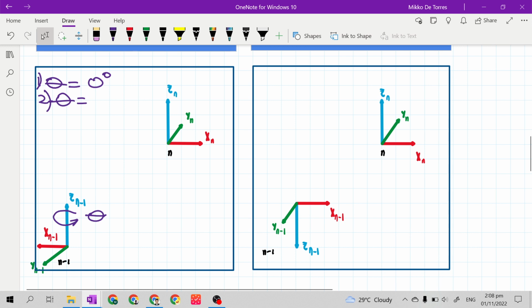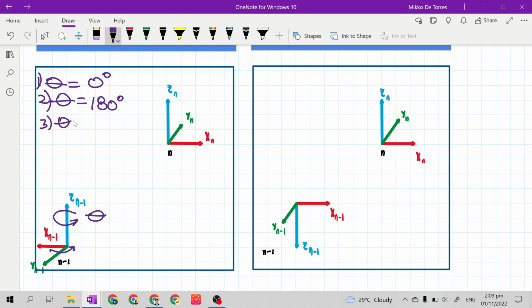Since x sub n minus 1 is pointing to the left and x sub n is pointing to the right, if we rotate about Z sub n minus 1, we need 180 degrees to make x sub n minus 1 point in the same direction as x sub n. So our theta here is 180 degrees.